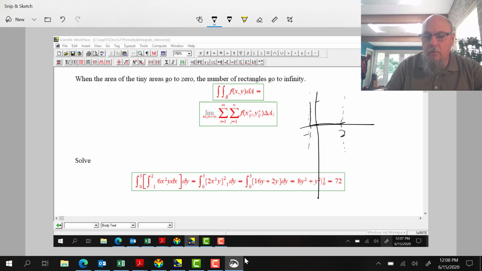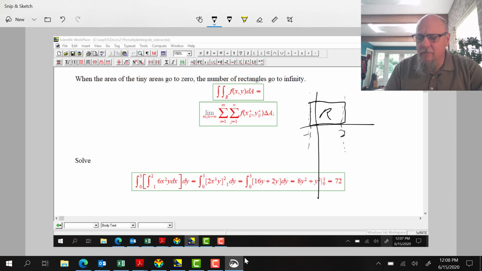So that's our region, the footprint. The z comes out of the board. That's our footprint over which we're integrating, if I'm thinking of this as a volume question. Didn't mention volume, so it was just plain do this integration.